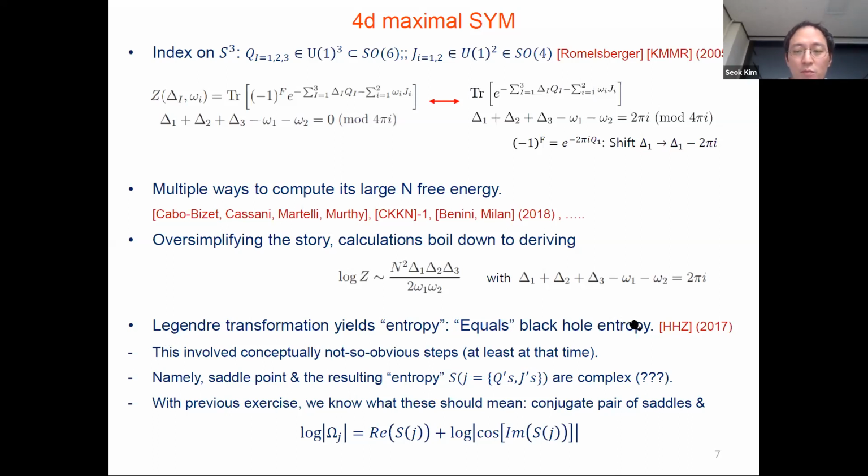But I remember the first time when this shocking paper appeared in 2017. At least I couldn't understand what was going on at that time, because some of the recipes of computing things are inspiring, but it was very mysterious. Eventually, I cooked up my own way of understanding this, which I'll explain.